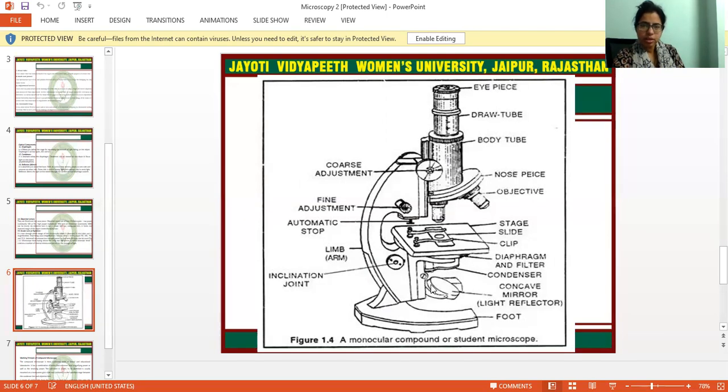Diaphragm, condenser, concave mirror, and light reflector, which is also known as the mirror, all come into the optical region. But stage, slide, and clip all come into the non-optical region. So this is the structure of the compound microscope.